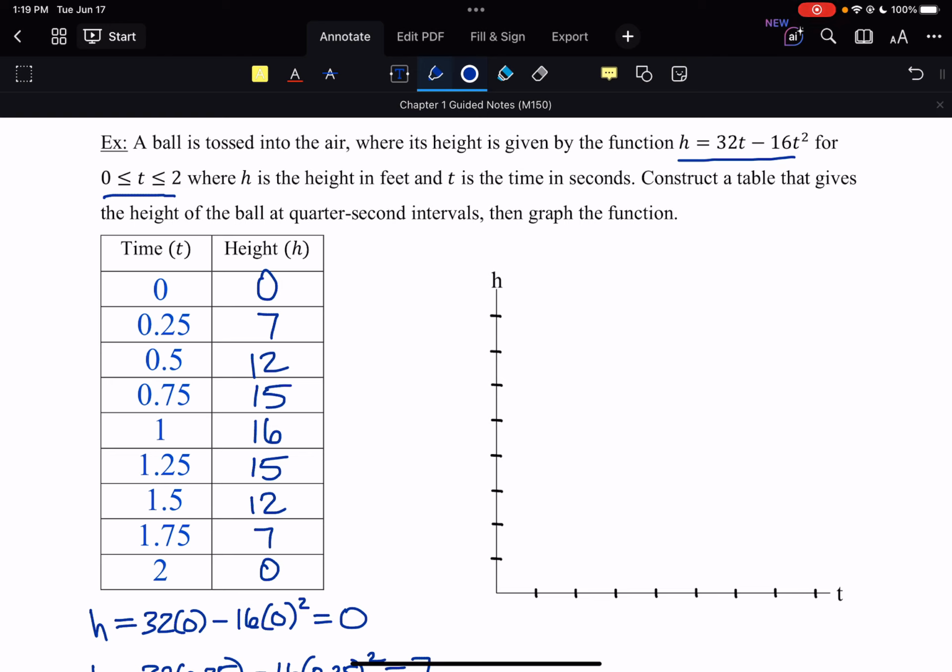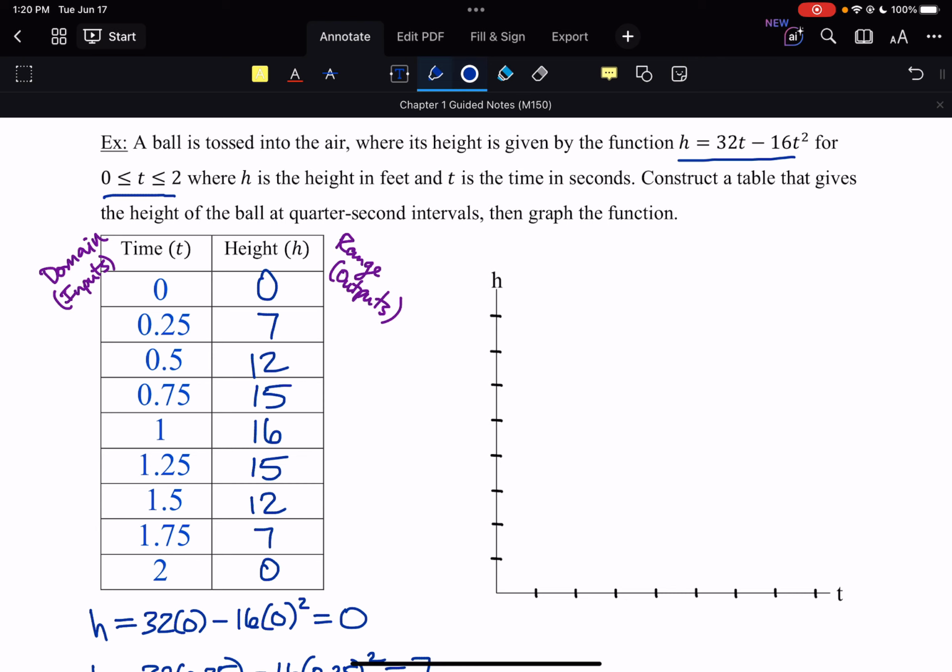Okay, so what we have over here, again, the time, this is our domain, so this is our inputs. And then the height is our range, which contains our outputs. Because if I tell you how much time has passed since the ball was tossed, we could then figure out what the height of the ball is at that time.